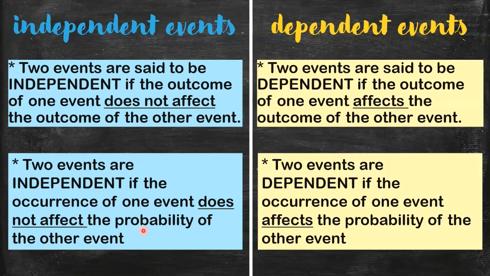Some examples of dependent events: eating a balanced meal and being healthy. Those are dependent events. Another example: depositing certain amounts in a bank and earning interest. Kapag nag-deposit kayo ng malaking amount, malaki din yung earning nyo na interest. So those are dependent events.